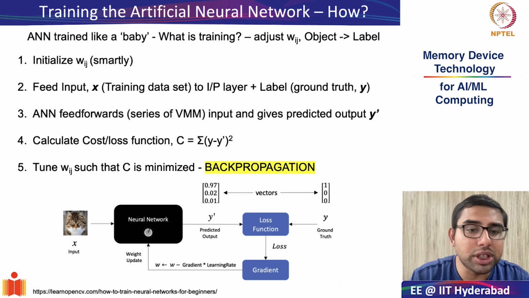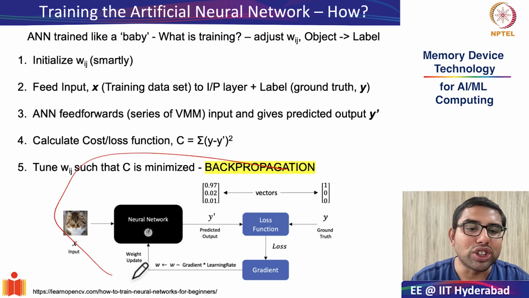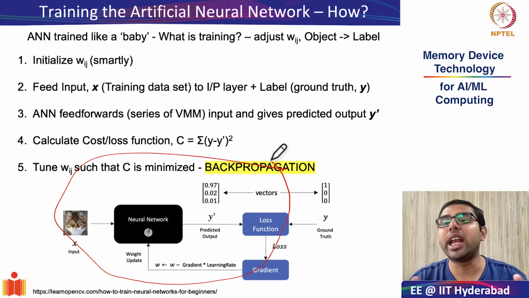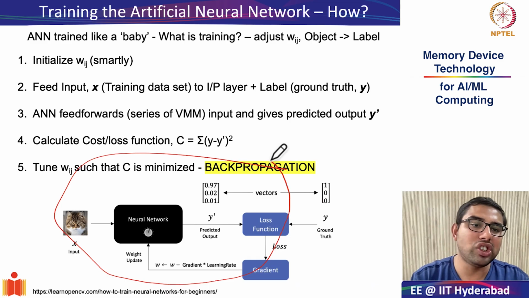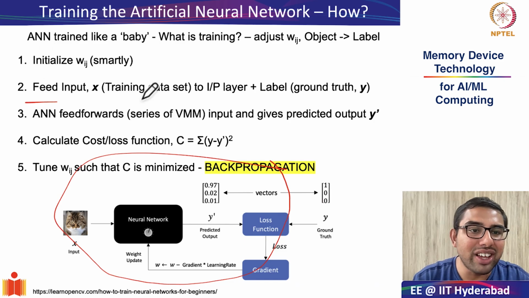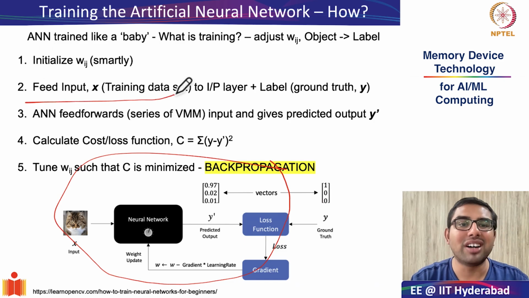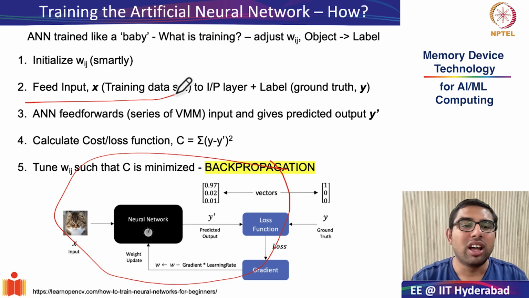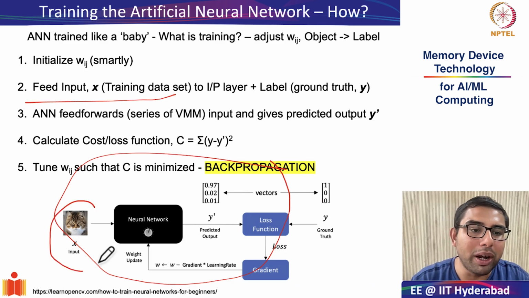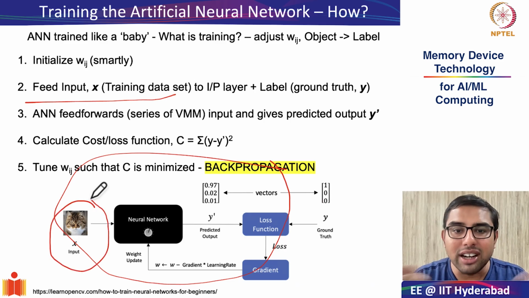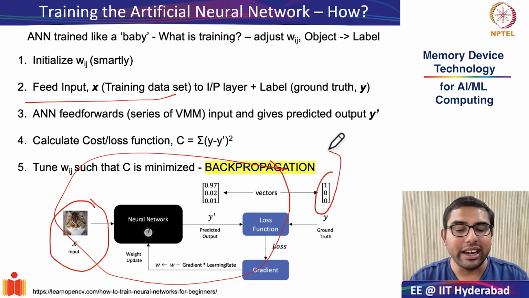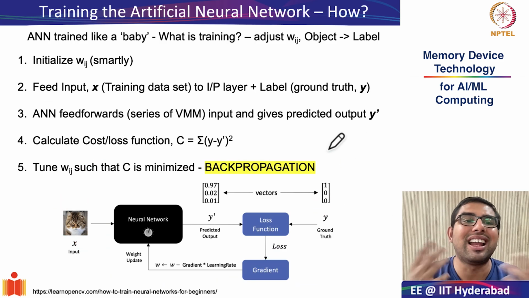Finally, as you see in this image, we saw that training a neural network is like training a baby. What you essentially do is you point at the particular object. You feed the input, which is coming from a training data set, into the input layer. You also tell it what class this belongs to. You tell it the ground truth, as you see. This is the ground truth 100, indicating it belongs to the first class.